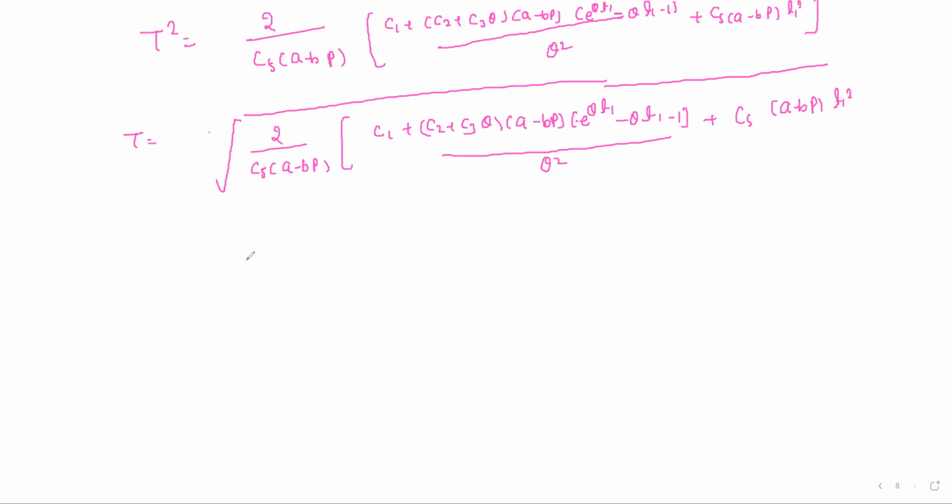Now to find the value of T1, differentiate partially; this one is average total cost. So differentiate it with respect to T1.